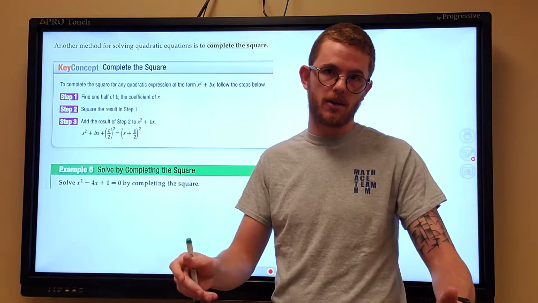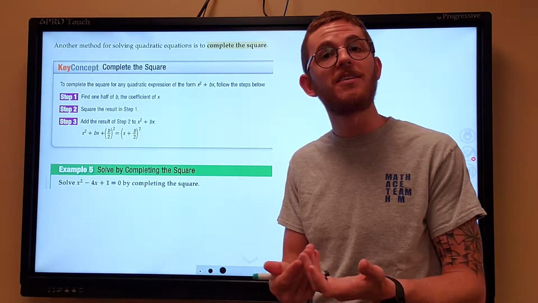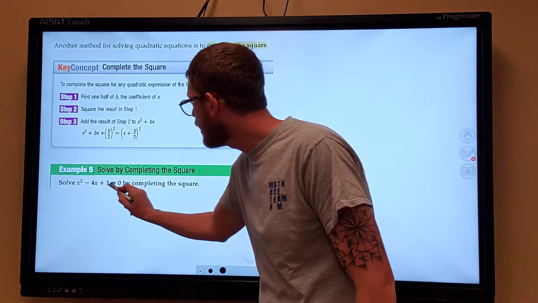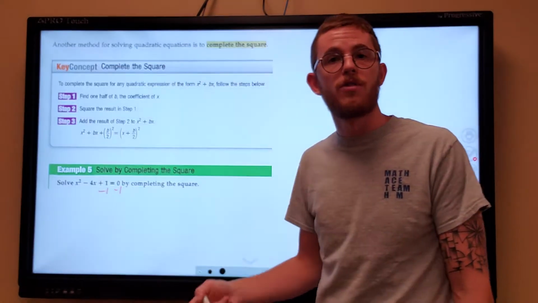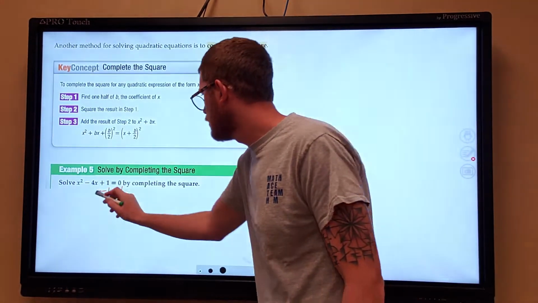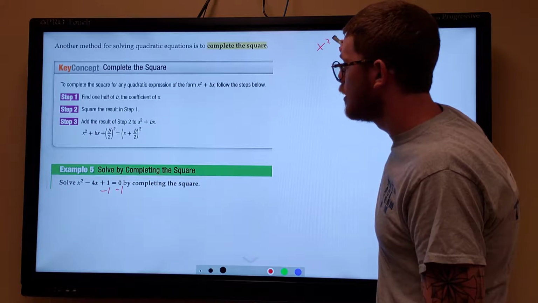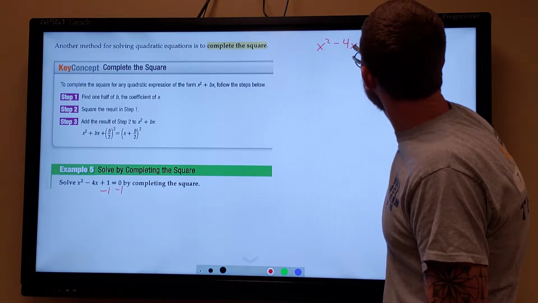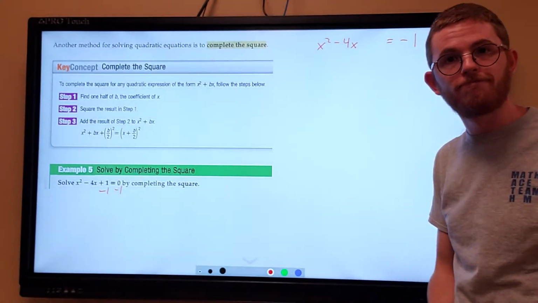It's weird like that. The other methods of solving a quadratic, we want it to equal 0. In this case, we're actually going to move over the constant. Okay, so let me rewrite it up here. We've got x squared minus 4x equals negative 1.